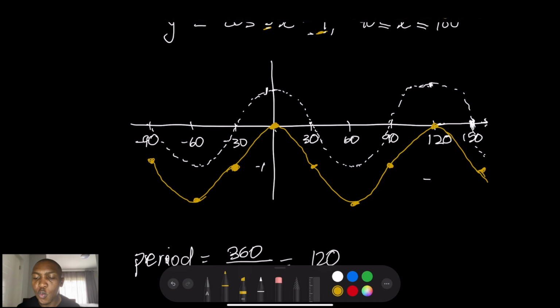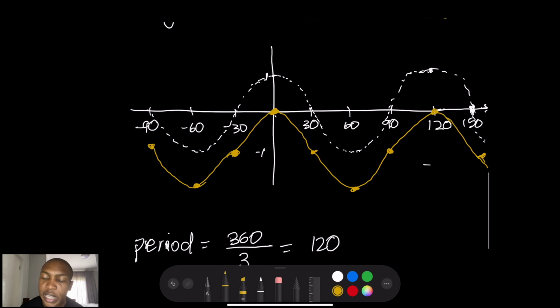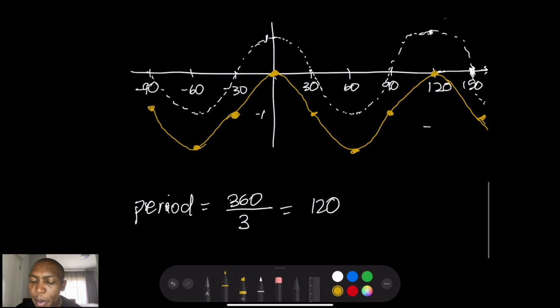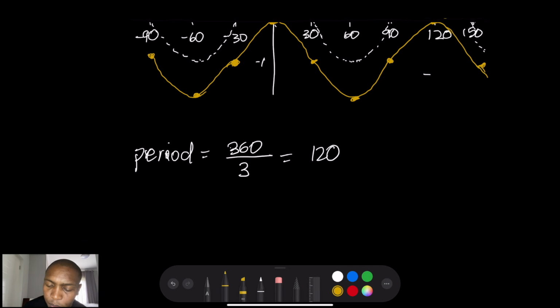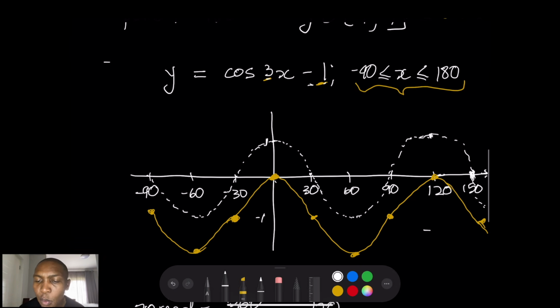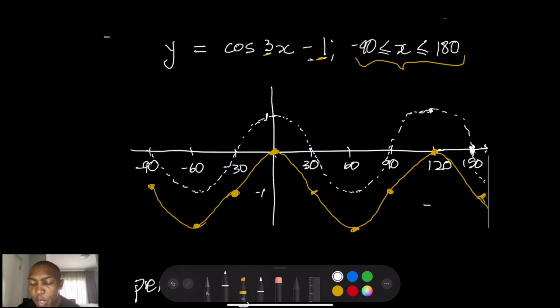Okay, right. So once again, now let's talk about the domain in this case. We did say that domain is where the graph exists in the x. So in this case, we know that it would be from minus 90 to 180. But what would be the range now? Let's talk about the range of this graph. We know its amplitude is 1.